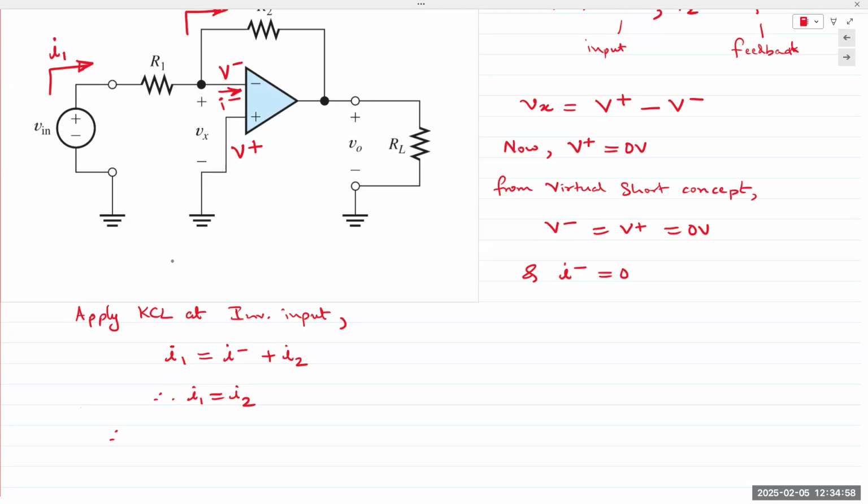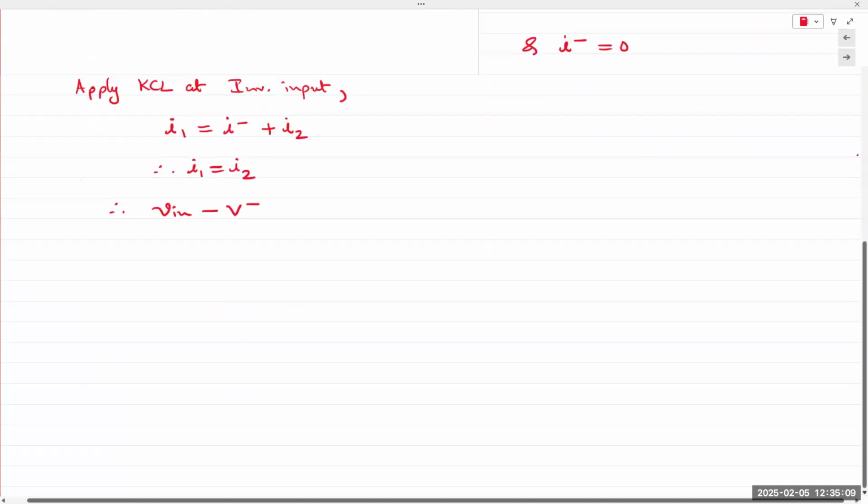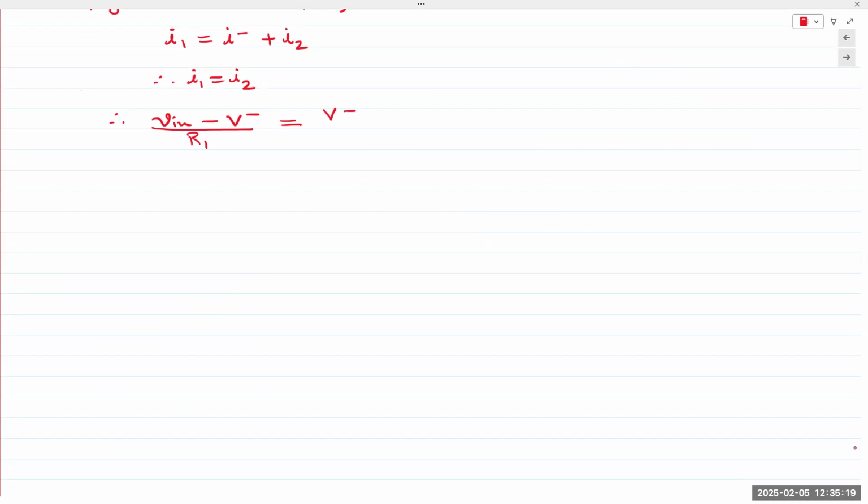So that becomes V in minus V minus, divided by R1, is equal to V minus minus VO, the output voltage, divided by R2. Those are the two resistors and the currents flowing through those two resistors.